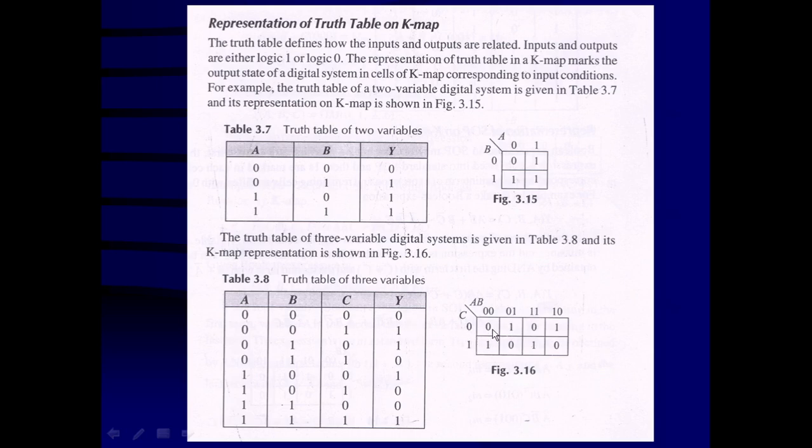So you can see that 0 is mentioned here, then 1 is mentioned here, then another 1 is mentioned over here, location 2, then location 3, 0 is mentioned here, then location 4, sorry, this is going to be 1, and location 5 is going to be 0, then location 6 is going to be 0, and location 7 is going to be 0. That means the truth table is represented in the Karnaugh map like this. Each cell holds the value of the output corresponding to the input combinations.